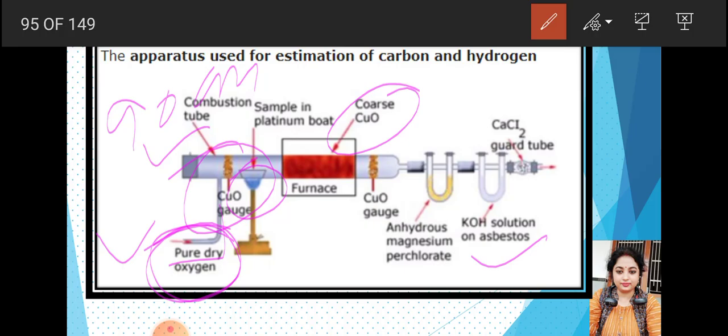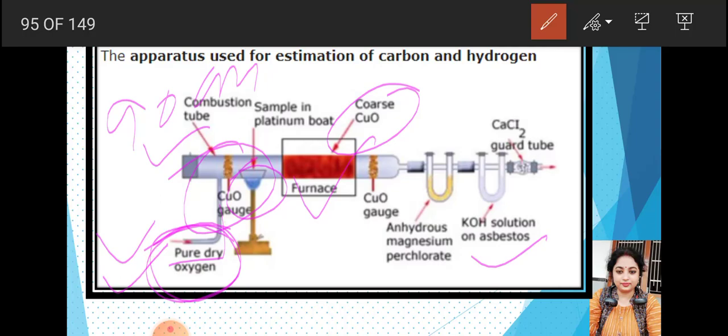At the extreme right end, an oxidized copper roll is placed. The combustion tube is enclosed in a furnace heated by gas burners.